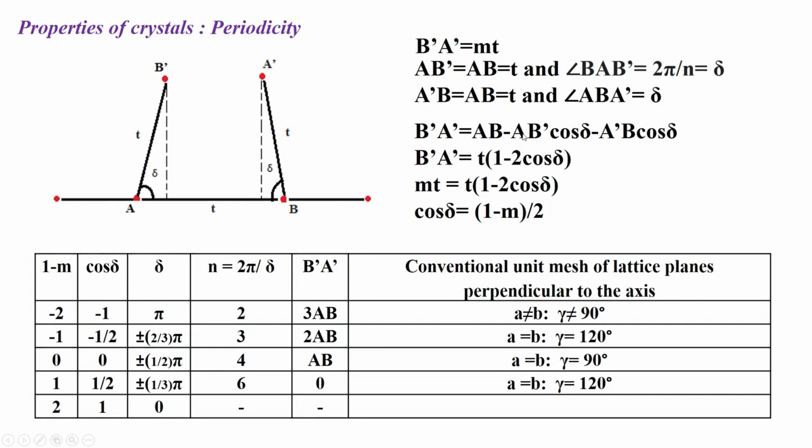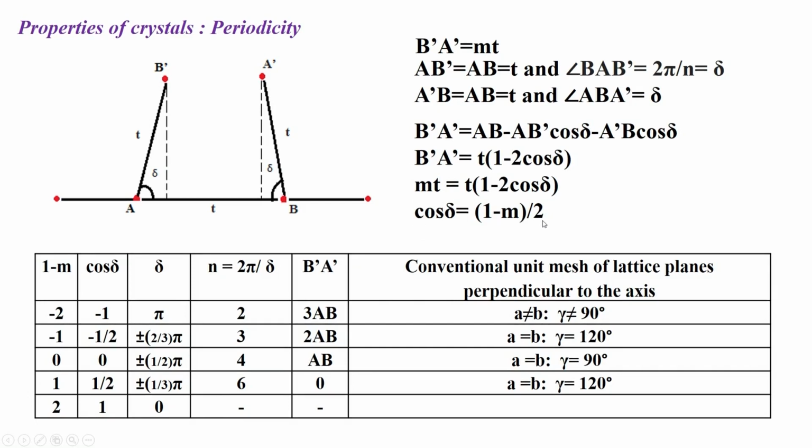AB is t, AB prime is t, A prime B is t, and therefore B prime A prime is t times (1 minus 2 cosine delta). By the laws of periodicity this should be a multiple of t, which is the translational periodicity. Therefore, we can write mt is equal to t times (1 minus 2 cosine delta). So, this gives us the value of cosine delta as (1 minus m) divided by 2.